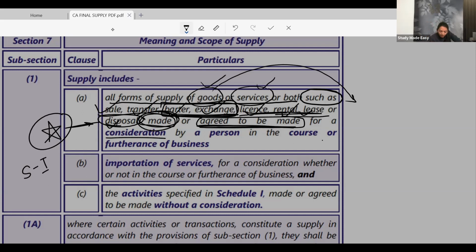But it should be for a consideration. Next point, write: made or agreed to be made. Supply includes made, that means already supply done.